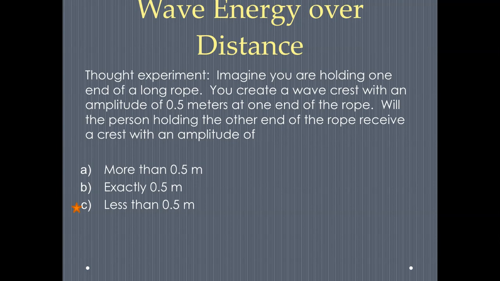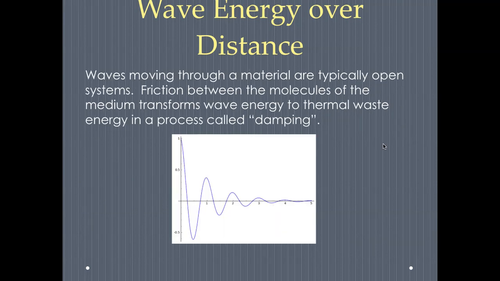That's something I definitely want to discuss in this video. So let's look at wave energy over distance. Waves that move through a material are normally in open systems, and so the total energy is not going to be conserved, just like that last example.